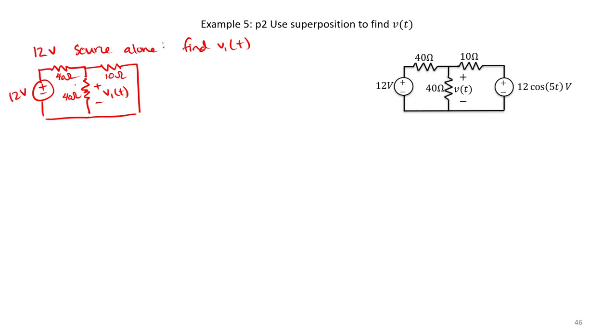How do we find V1 of t for this circuit? Take a moment and think about it. You might also find it helpful to redraw the circuit slightly. So if you're ever not sure, this is not a bad strategy.